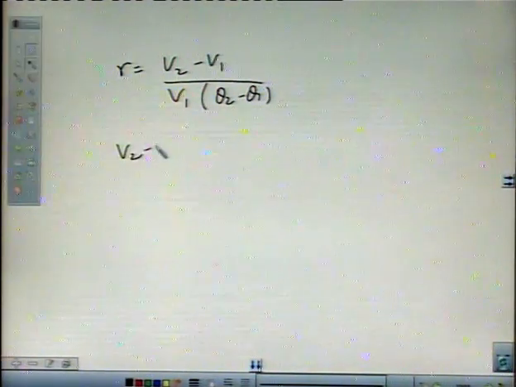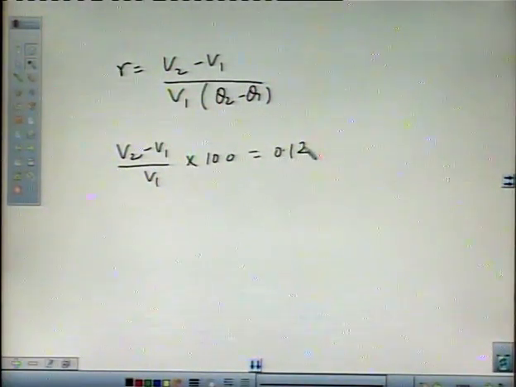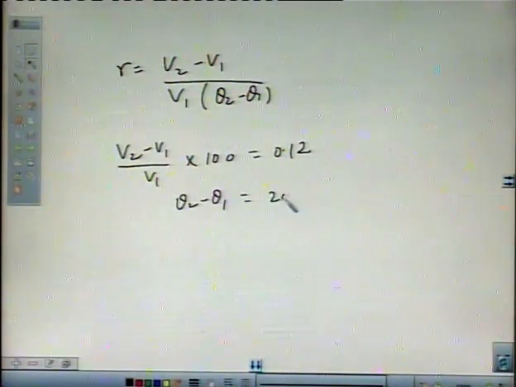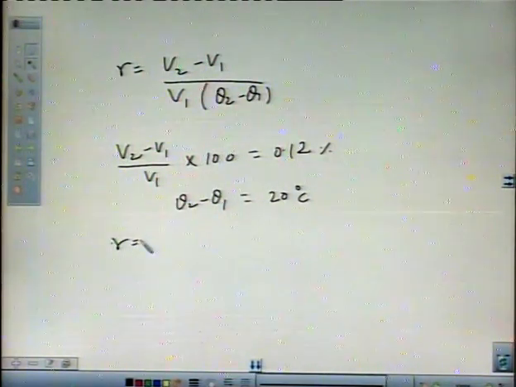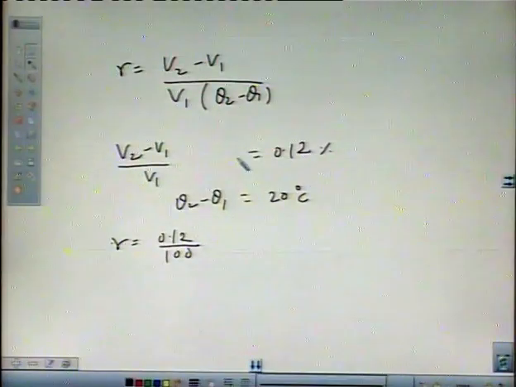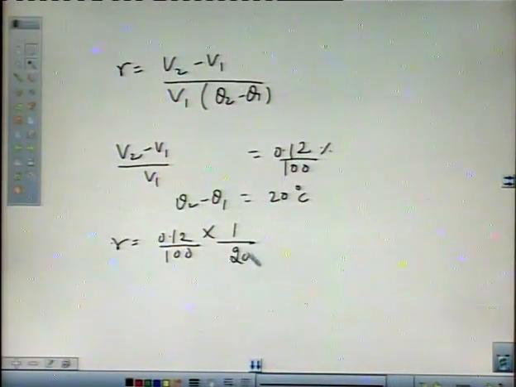We know that V2 minus V1 upon V1 into 100 is equal to 0.12. Theta 2 minus theta 1 is equal to 20 degrees Celsius. So, gamma is equal to 0.12 upon 100. We have taken this 100 on the right hand side into 1 upon 20.